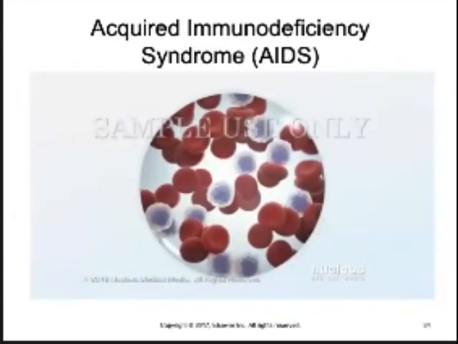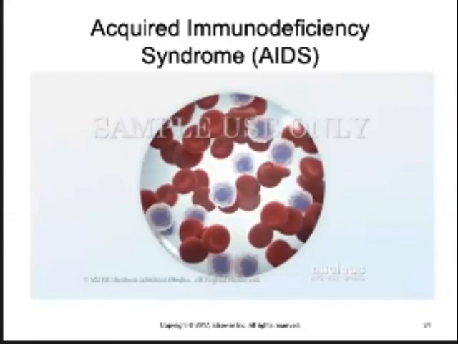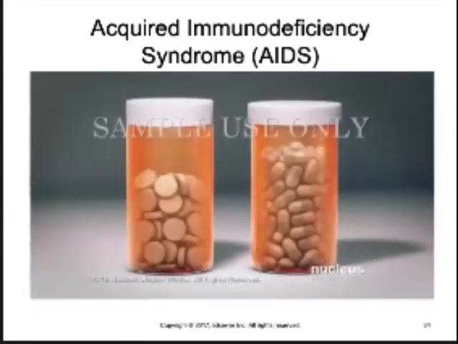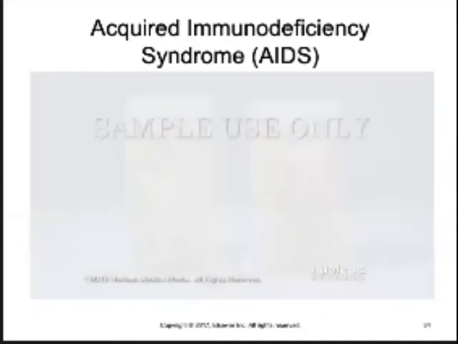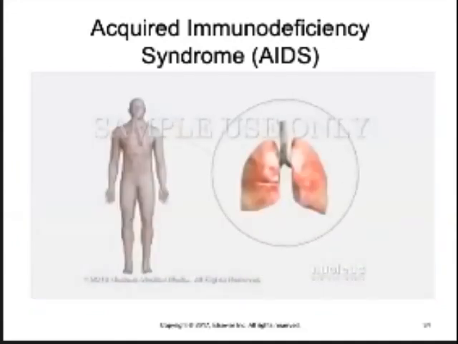If the number of helper T cells is high enough in your blood sample, your medication is working. Treatments for the opportunistic infections of AIDS are medications specific for each type of infection. For example, your doctor may prescribe antibiotics if you have pneumonia or tuberculosis.